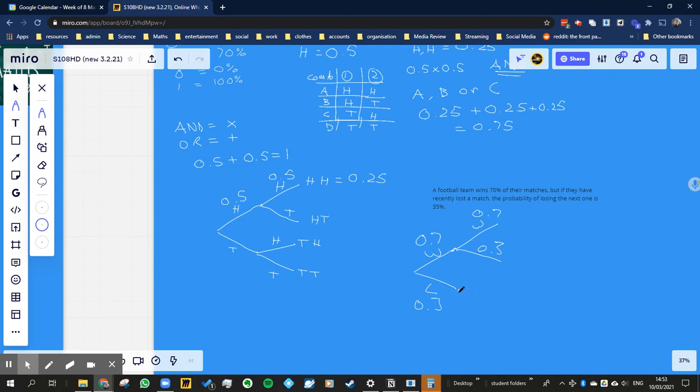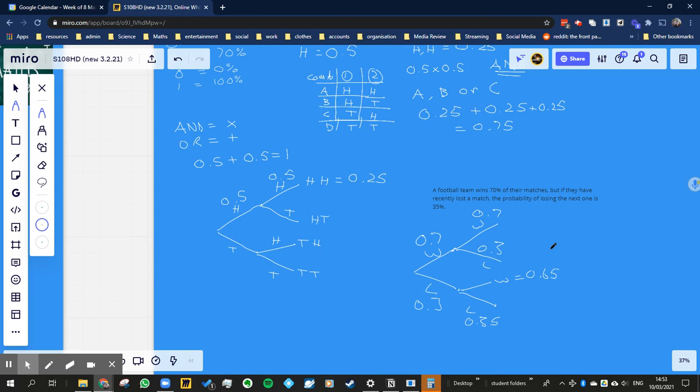We said that the probability of them losing again would be 35%, which would be 0.35, which means that the probability of them winning this second match, because they've lost the first one, is actually going to be diminished. 0.65.